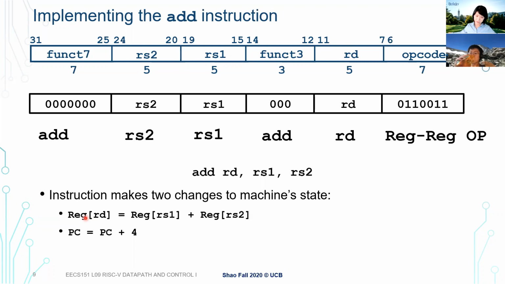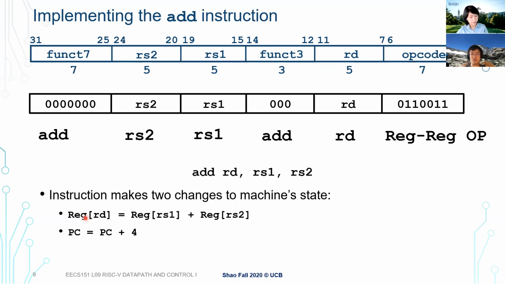We'll see this in other instructions as well. Besides its own execution, we also need to update the program counter to tell our hardware where to go next. So this is how we encode this add instruction in this particular format, and how it changes the machine state, those two changes.